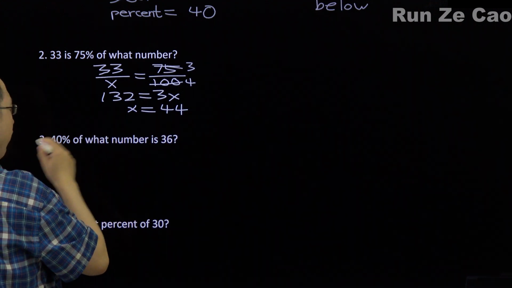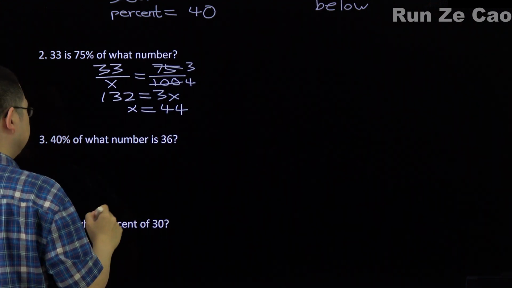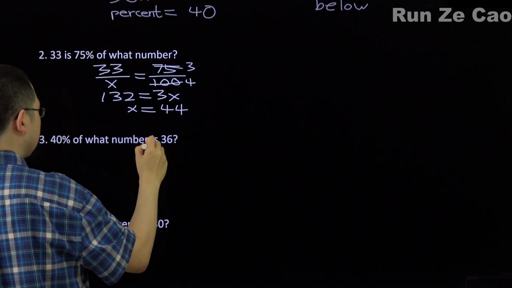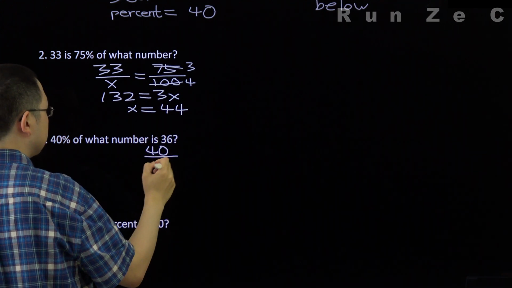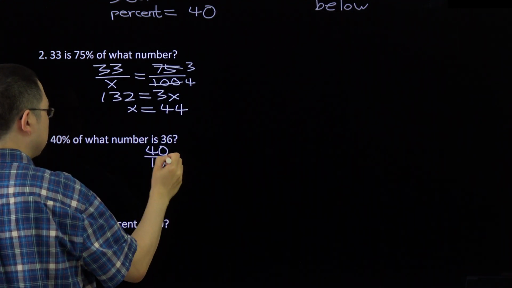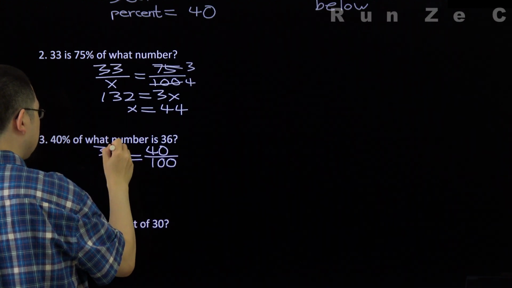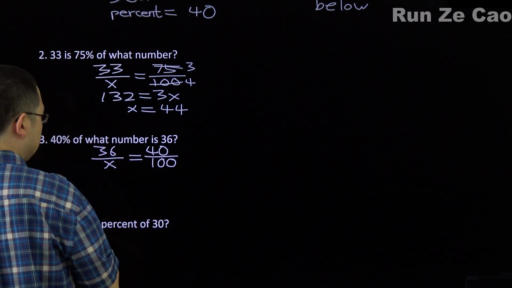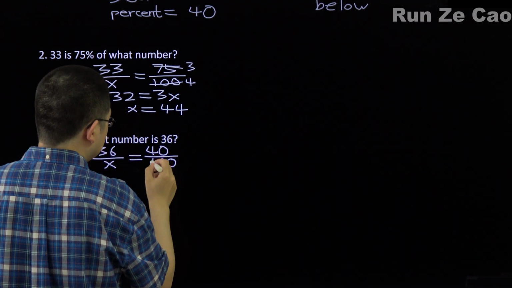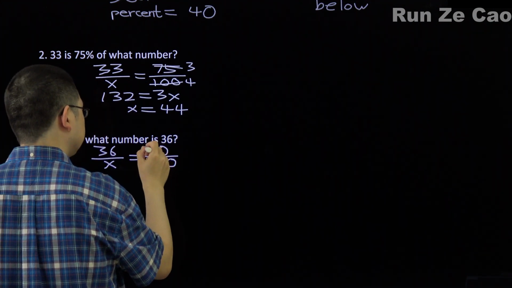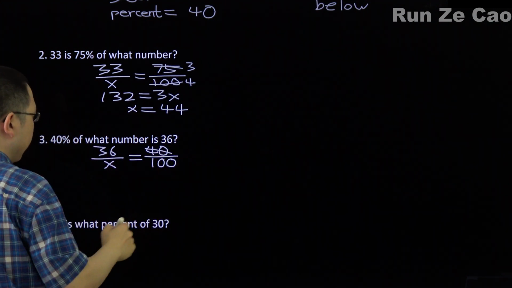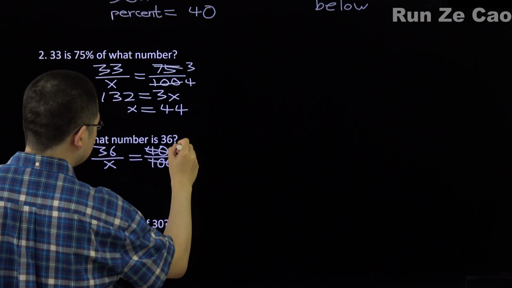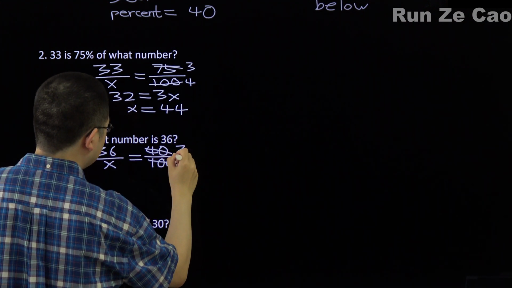So 40% of what number is 36? 40 over 100 is equal to 36 over x. And this cancels to 2 over 5.